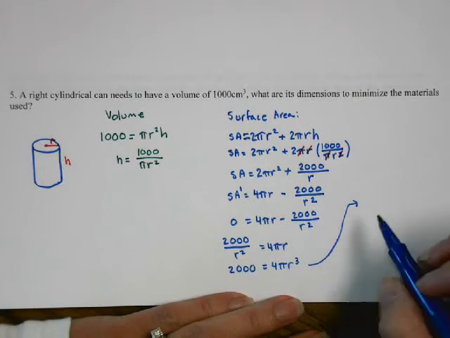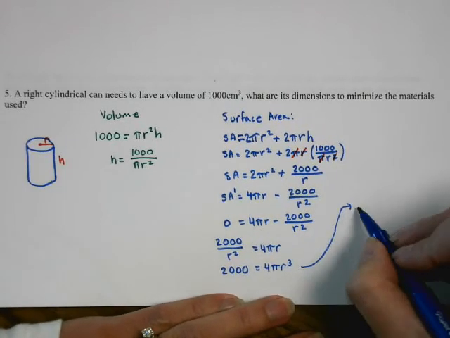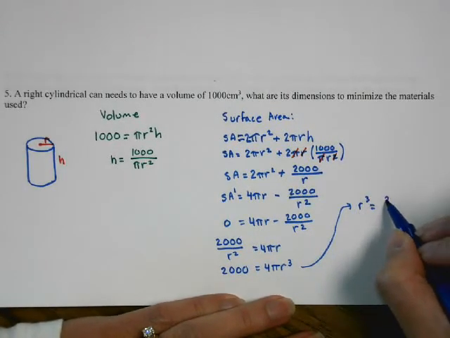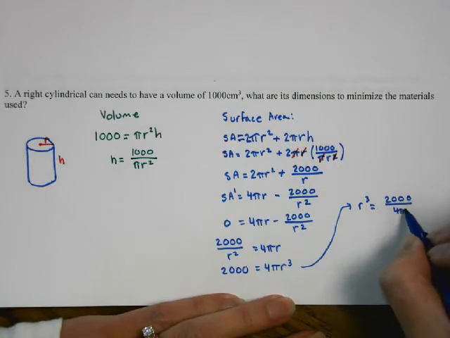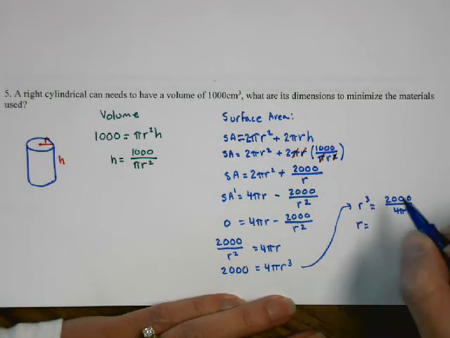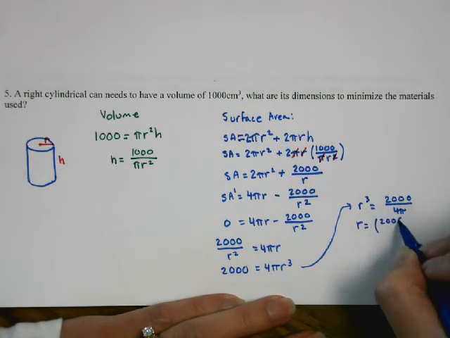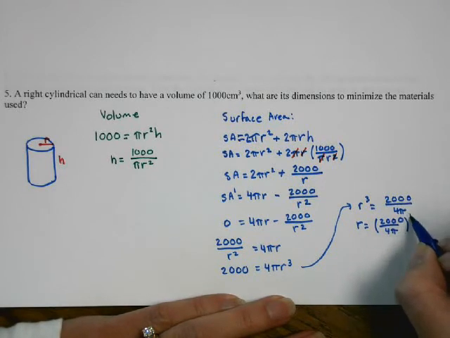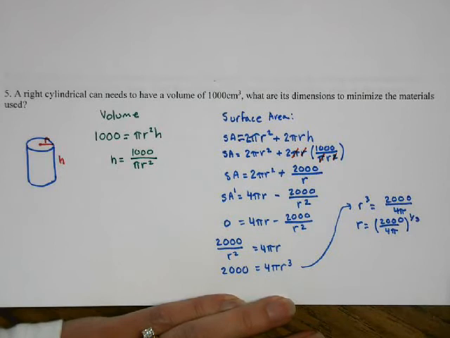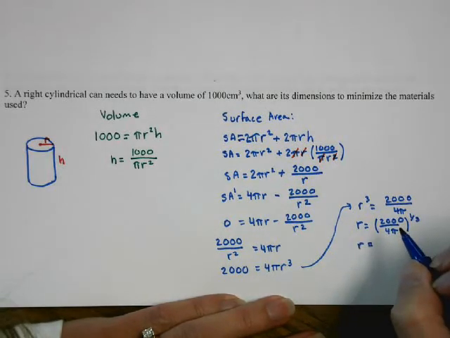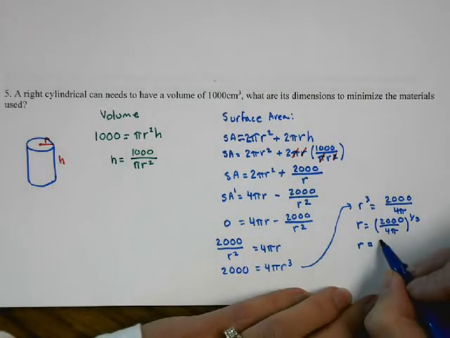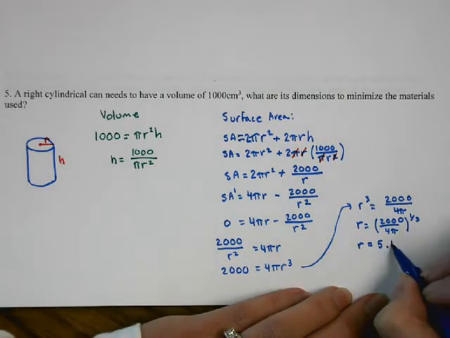So now we're going to have r cubed equal to 2,000 divided by 4 pi. So r is going to be 2,000 over 4 pi to the 1/3. Type that in the calculator, and you get approximately 5.419.